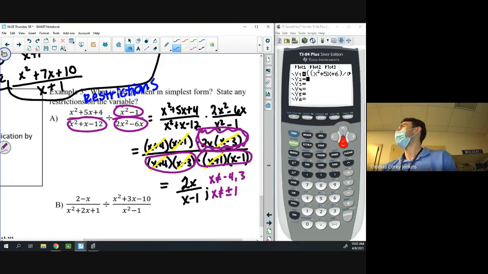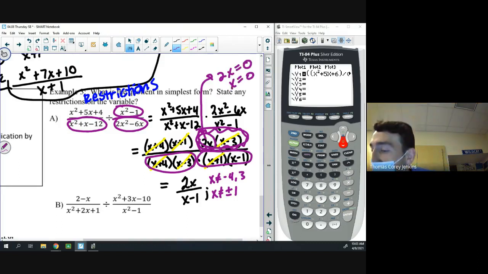Not -2, but you're looking at the right thing. 0, right? Remember, this is a linear factor too, right? So x can't be 0. Since we've already written x can't be 3, I'm not going to write it again. So look at all those restrictions, right? You end up with a bunch.